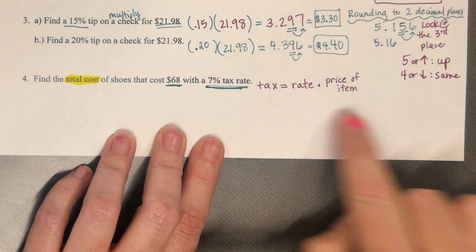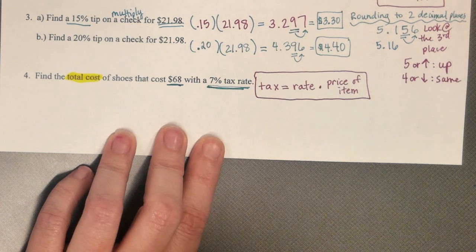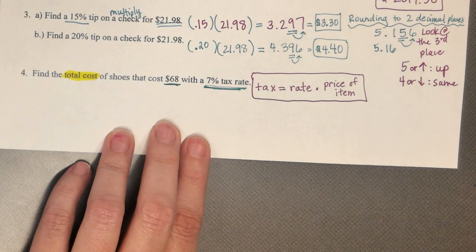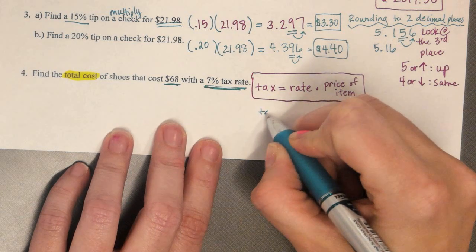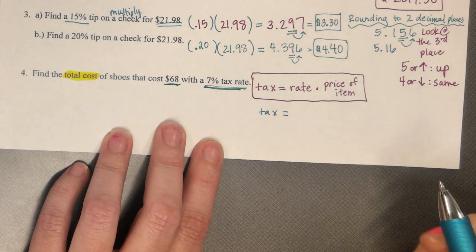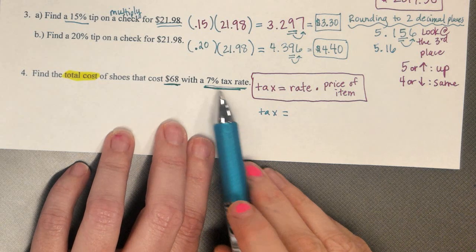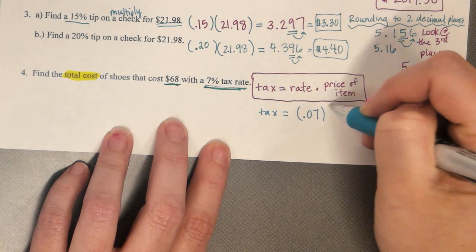You can use this equation any time you're trying to calculate the tax, okay? Now, just like we've been doing before, the rate has to be written as a what? As a decimal, yep. So 7% as a decimal would be 0.07.